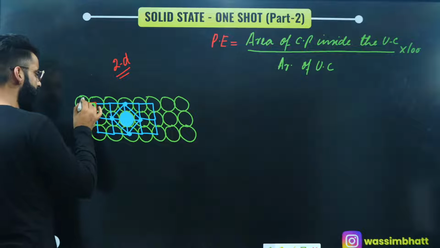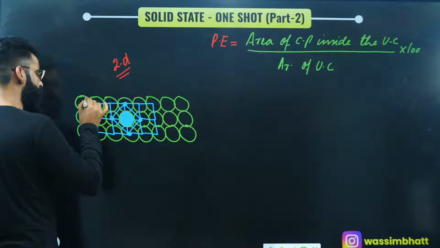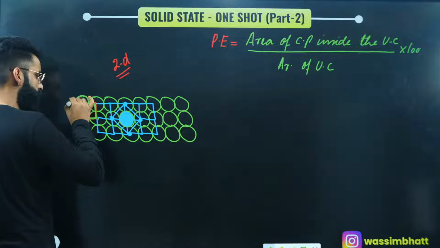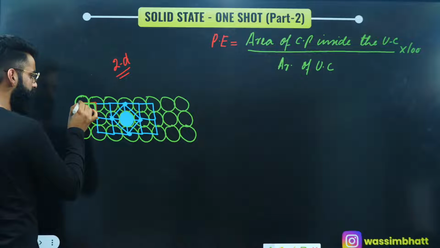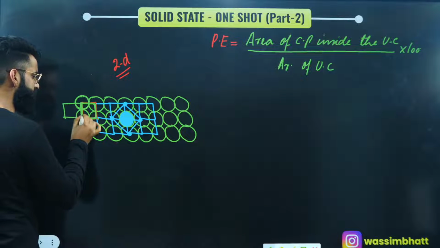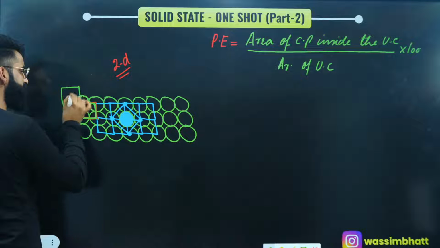What is going to be the contribution of this constituent particle towards the square? You can clearly see this constituent particle will be shared simultaneously with 4 other square unit cells like this.